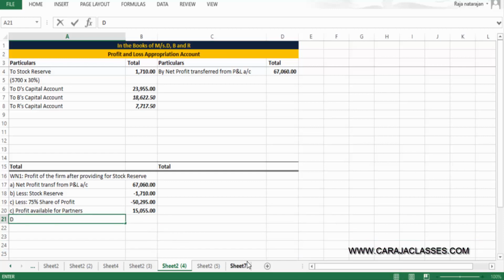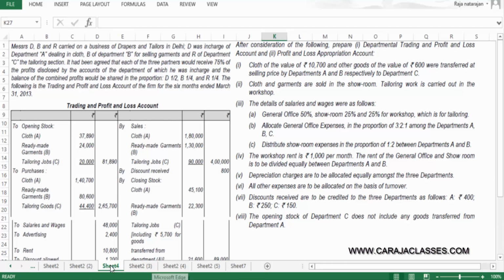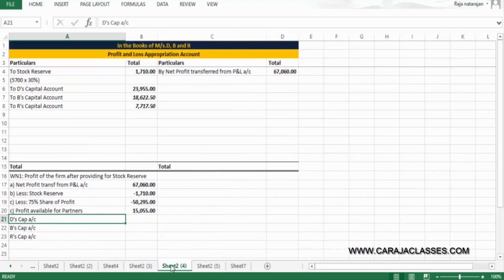Who are they? D's capital account, then B's capital account, and R's capital account. But in what ratio? That is once again given in the question. The ratio is 1 by 2, 1 by 4, 1 by 4. That is 50%, 25% and 25%.